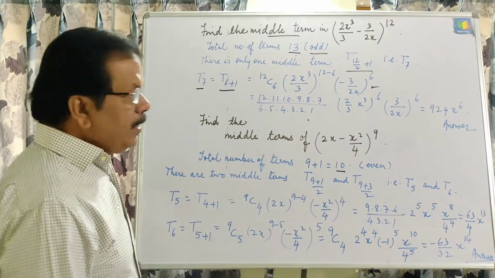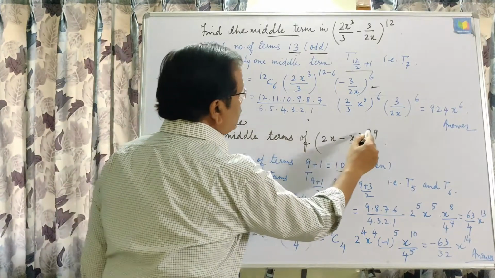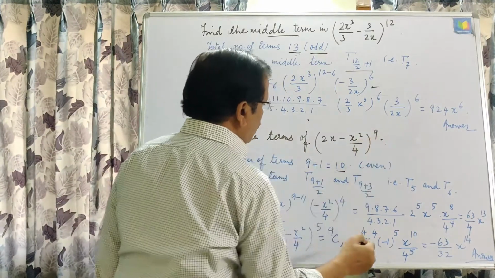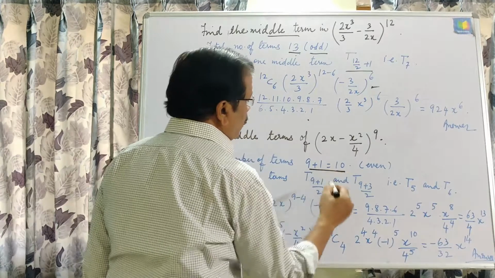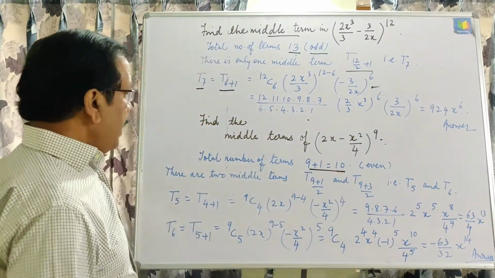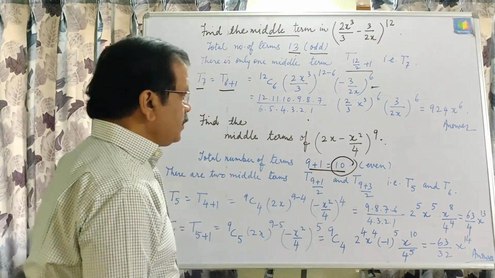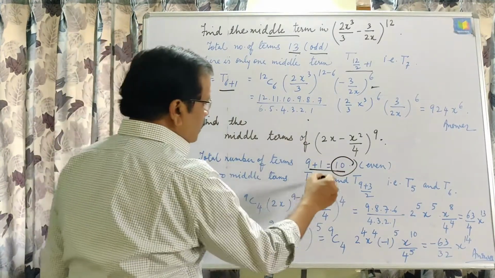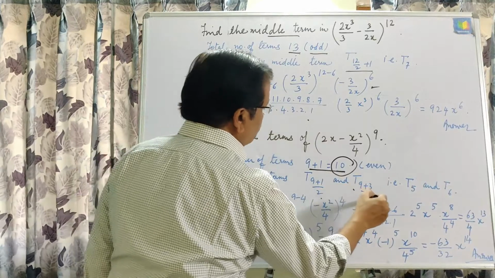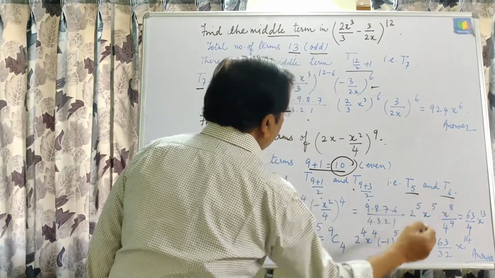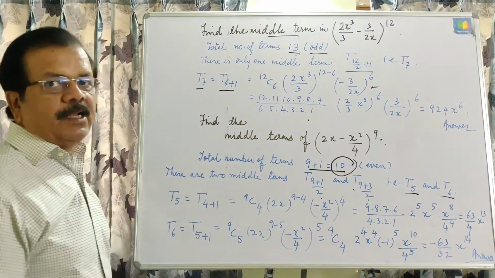In the same way, here (2x − x²/4) to the power 9, the total number of terms is 10, which is even, so there will be two middle terms, that is T((9+1)/2) and T((9+3)/2), that is T5 and T6 will be the middle terms.